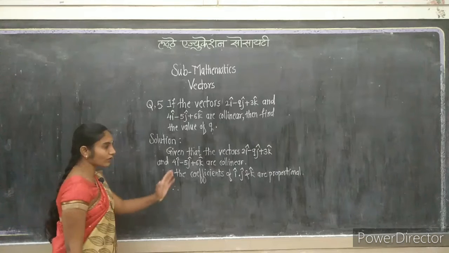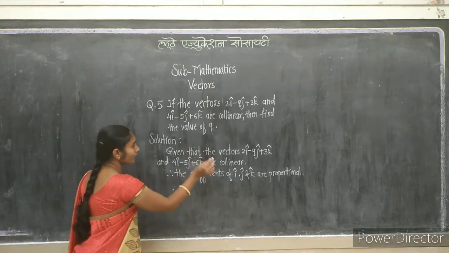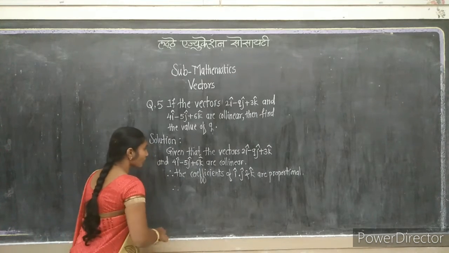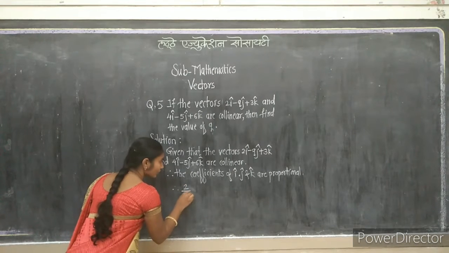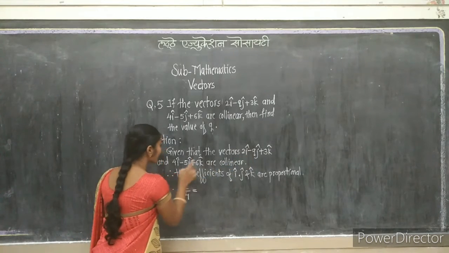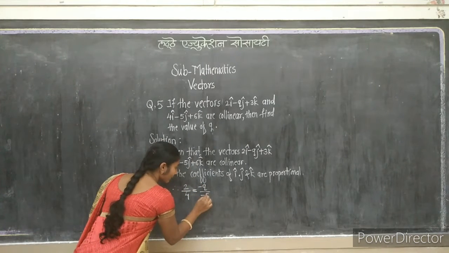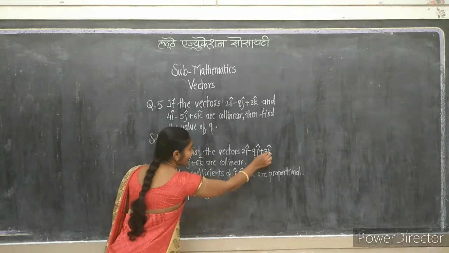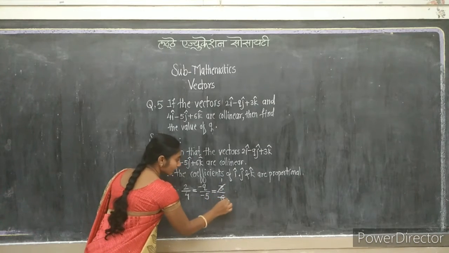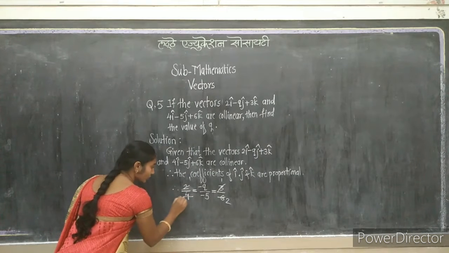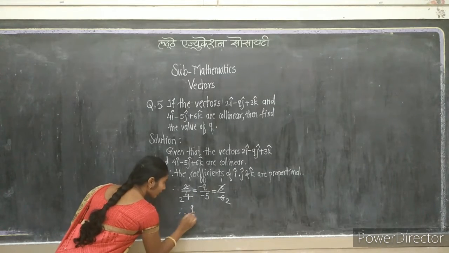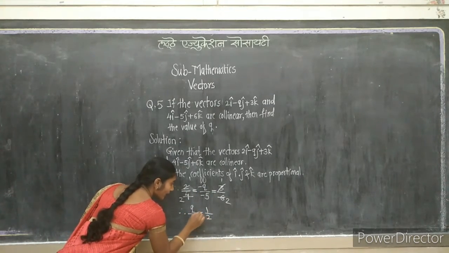Therefore, write down the coefficients of i cap: 2 divided by 4 is equal to the coefficients of j cap: minus q divided by minus 5, equal to the coefficients of k cap: 3 divided by 6. 3 into 1 is 3, 3 into 2 is 6, 2 into 1 is 2, 2 into 2 is 4, and therefore q divided by 5 is equal to 1 by 2.